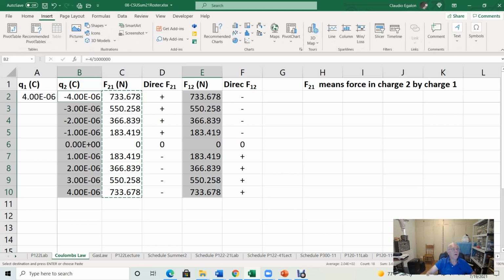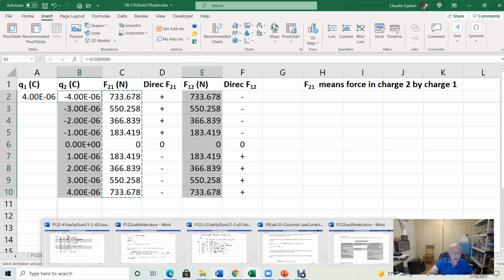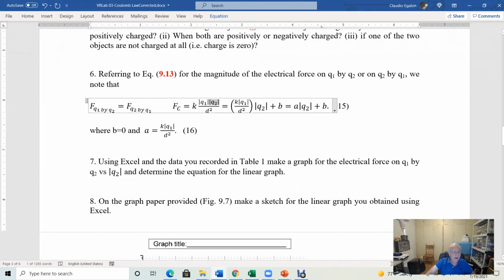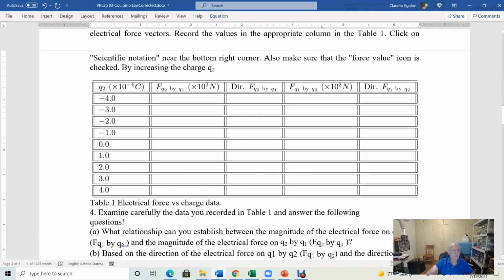Let's insert chart. Oh, there's something wrong here. Let me see. But he's asking the magnitude, right? He's asking the magnitude. Let's take a look here again. Let's make sure he asked the right thing.